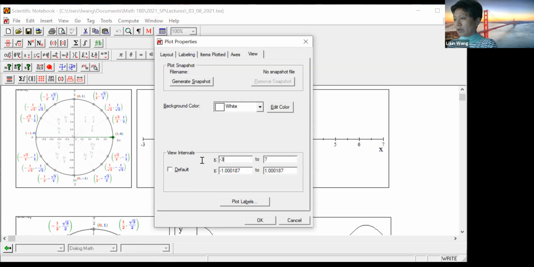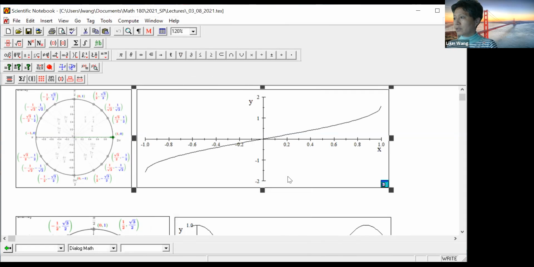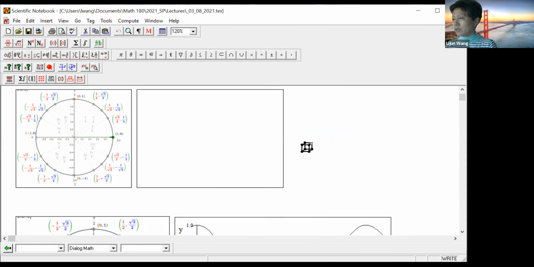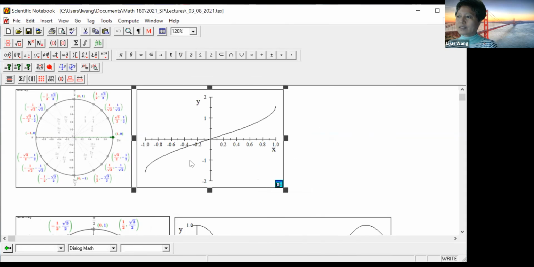The domain is from -1 to +1, and the range is from -π/2 to π/2, right? Now, this will be -2, +2 for that matter. Okay, so that's the arc sine. We have done some points on the arc sine, so I'm not going to repeat that. We just focus on this perspective of ARD.